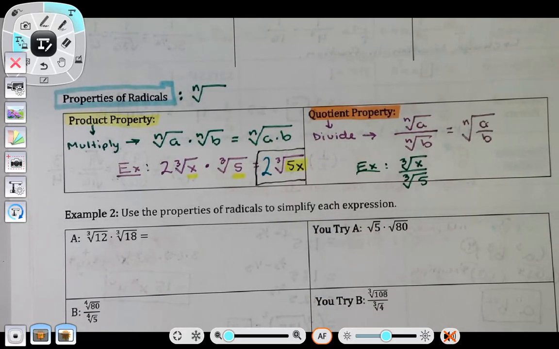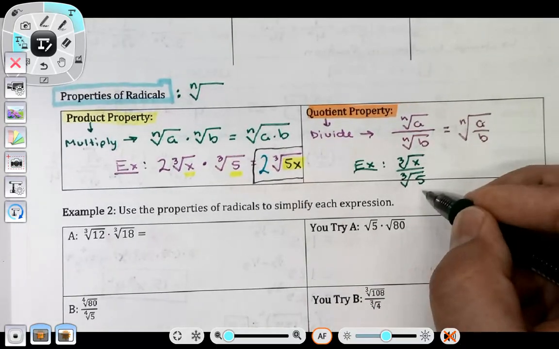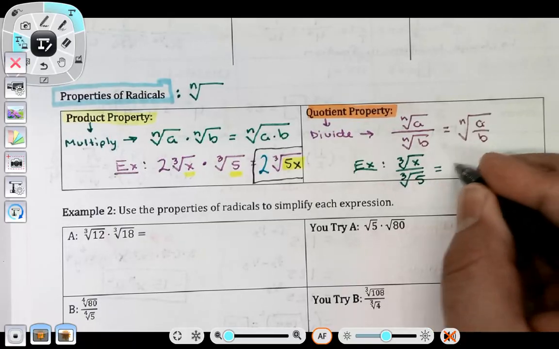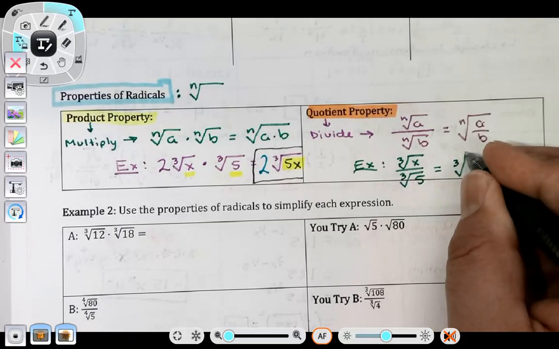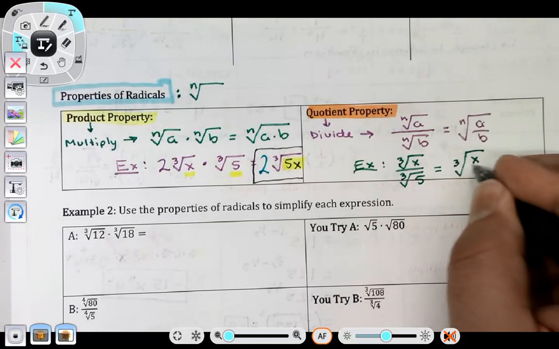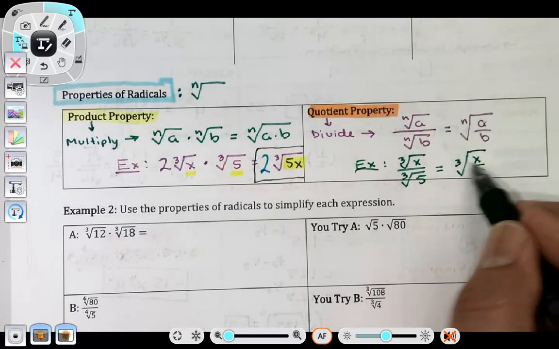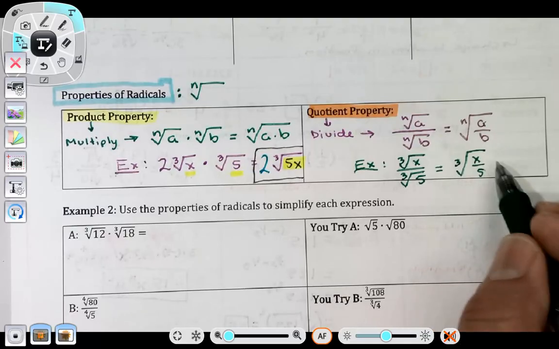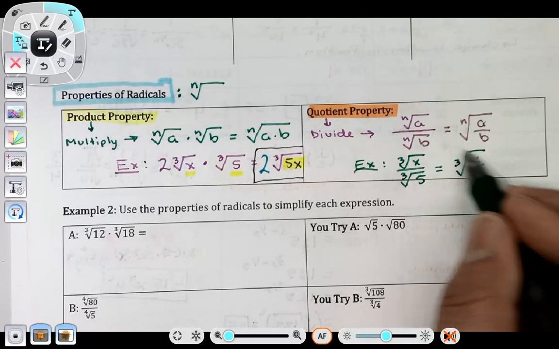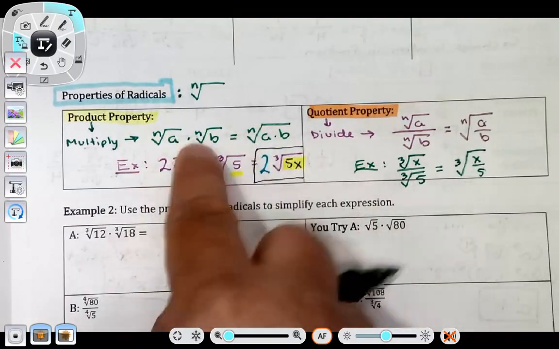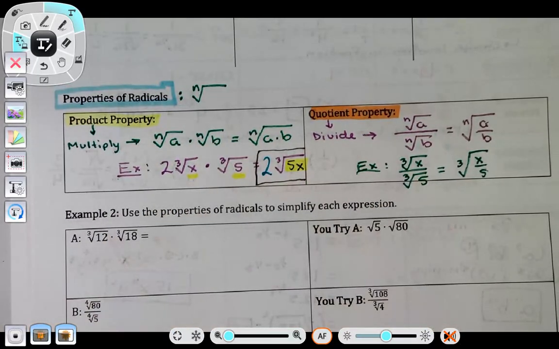So the only thing I can do, they say, well, do something to it. Well, it says divide x by 5. Can you actually divide x by 5? Then the only thing I can do is turn it into just one big root and then just write x over 5 on the inside. The idea is that we are able to go back and forth between these two. But I'm only allowed to split them if I went backwards, if there's division, or if there's multiplication, I am allowed to split them up.